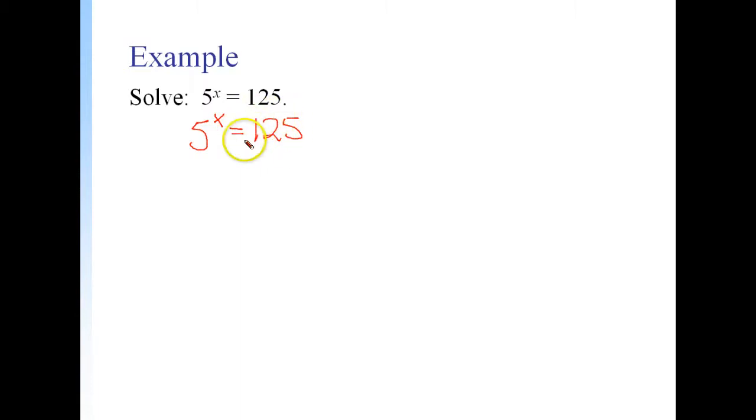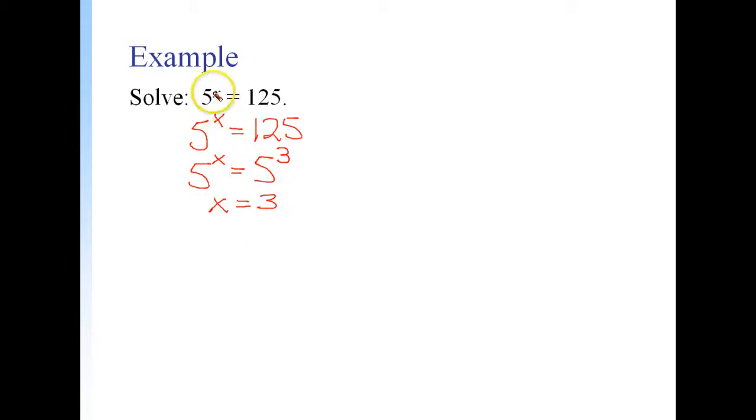Well, we need to fiddle with this one to get it to be a base of 5. And 125 is what to the third power? The answer is 5. So now our bases are the same, and our exponents should be equal. And that is the solution.